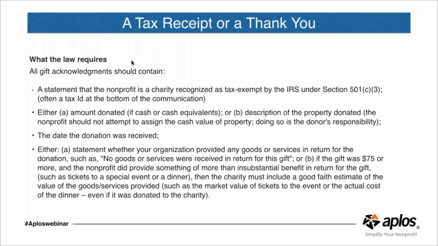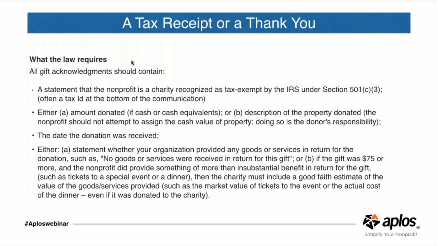You're charging $125 a ticket for that banquet, and you provide them a meal and maybe some wine or other items that go with that. It's your responsibility as the nonprofit, when you acknowledge that $125, to provide the value received of that meal.